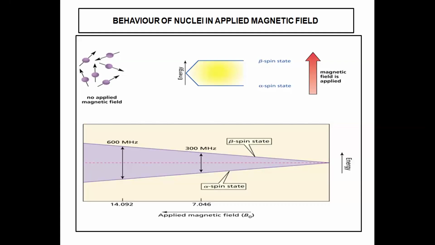So if we want more resolution, we have to go from a lower to a higher magnetic field, and as we move to the higher magnetic field, regions which were merged earlier separate out and we get greater resolution.